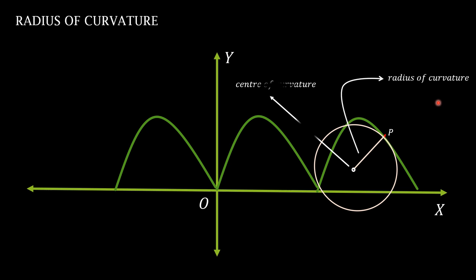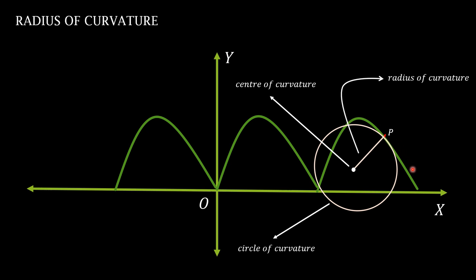The center of this osculating circle is called the center of curvature, and the osculating circle itself is called the circle of curvature. This osculating circle has a very special property, that is, the curve and the osculating circle have the same first and the second order derivative at the point P.